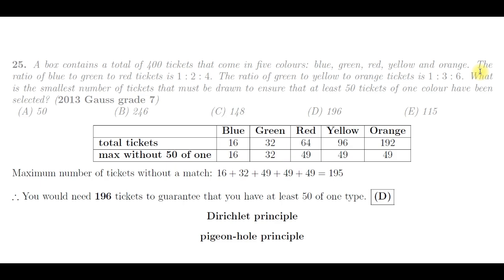And there's some really interesting problems in problem solving and in higher mathematics where this Dirichlet principle comes into play. You can do things like prove that there are two people living in Toronto that have the same number of hairs on their head using this principle, which might seem weird at first, but it turns out to be true.